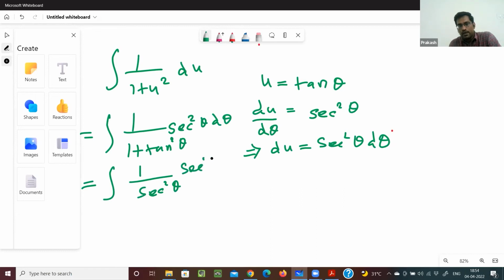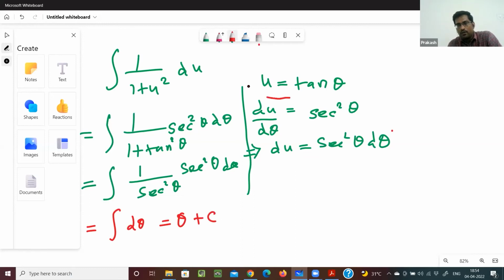So this becomes secant square theta d theta divided by secant square theta, which is nothing but d theta. So this is nothing but theta plus c.